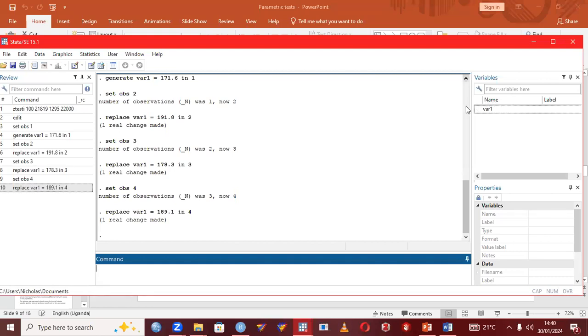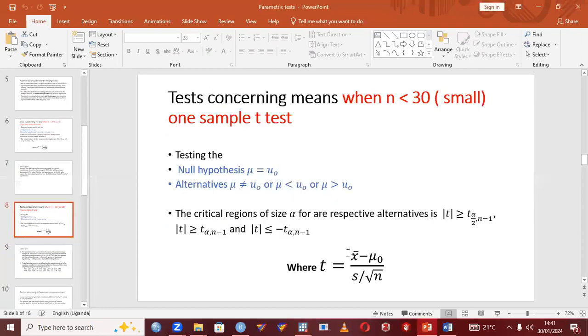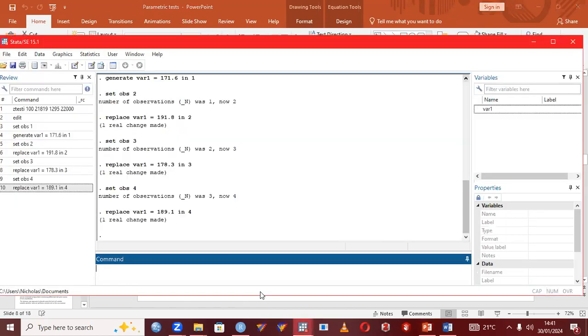What I need to do is look at its mean and standard deviation, because for us to do the t-test we need the mean, the standard deviation, the sample size, and the hypothesized mean. To do that, we're going to do it both manually and using the procedure of a computer. If you do it manually, you need to first compute its mean.